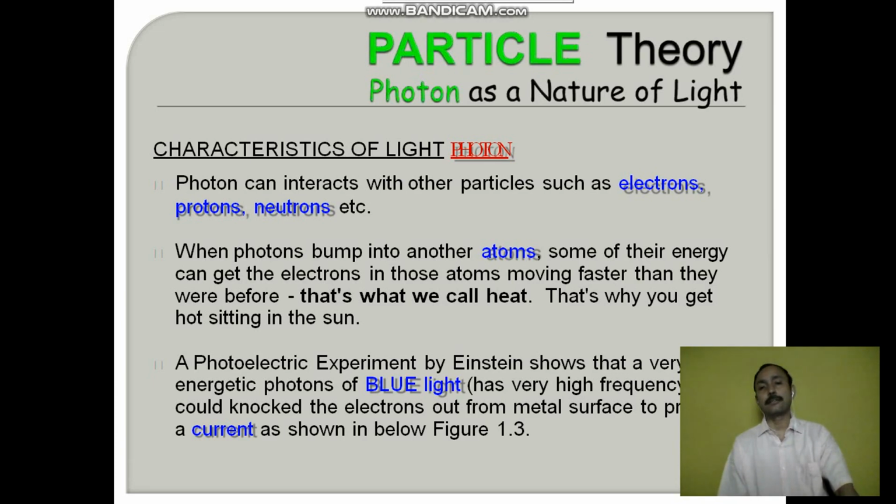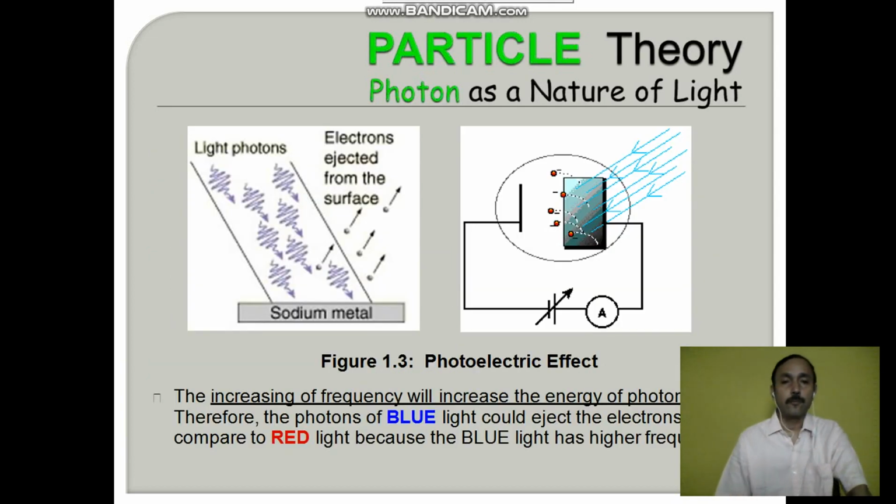A photoelectric experiment by Einstein shows that very energetic photons of blue light, which has a very high frequency and low wavelength, could knock the electrons out from the metal surface to produce a current, shown in the figure here. So these are the light photons falling on the sodium metal plate. Electrons are ejected from the surface.